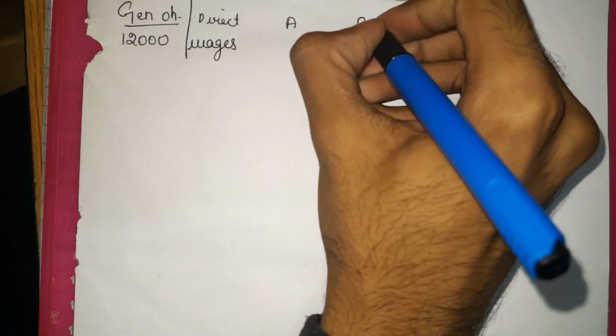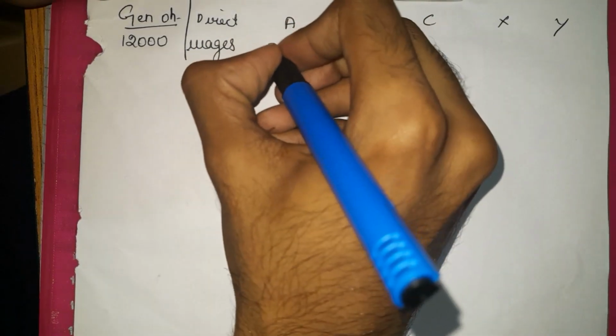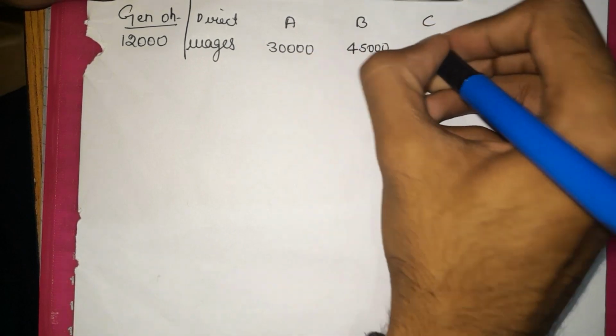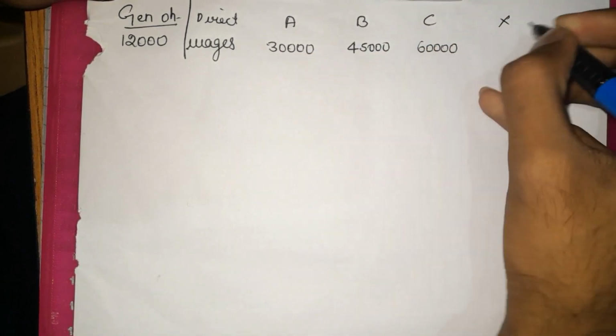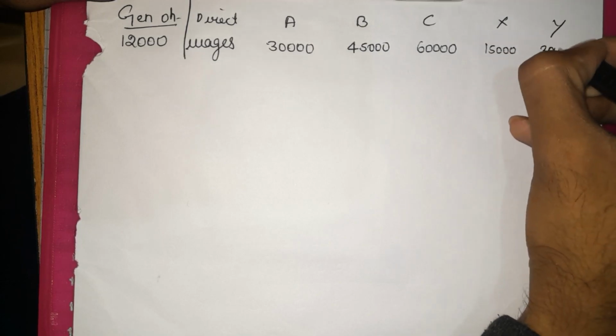Now we have A, B, C, X and Y departments. Let us see the direct wages. In A department the direct wages is 30,000, B department 45,000, C department 60,000, X department 15,000 and Y department 30,000.